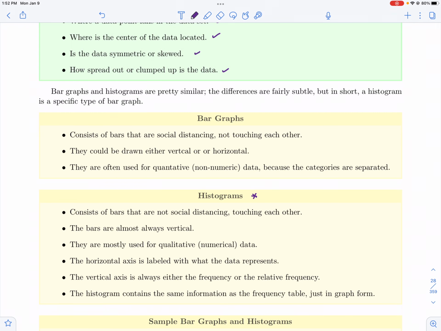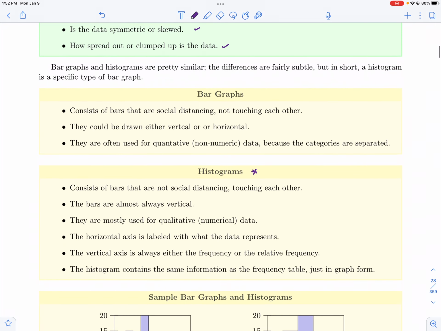Our histograms are kind of the opposite. These are also made up of bars, but we want them to actually touch each other so that there's a continuation from one into the other. Almost all the time the bars are going to be vertical, pointing up and down. These are mostly used for numeric data.